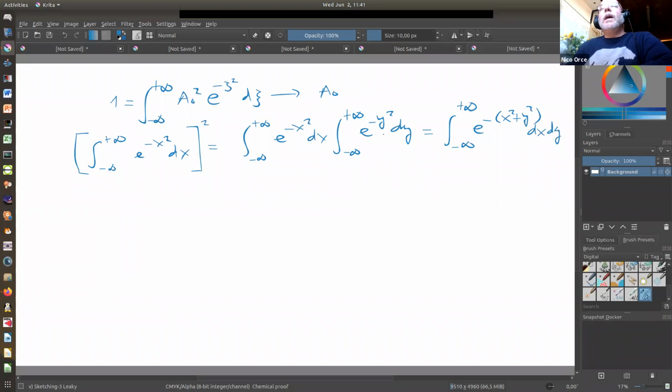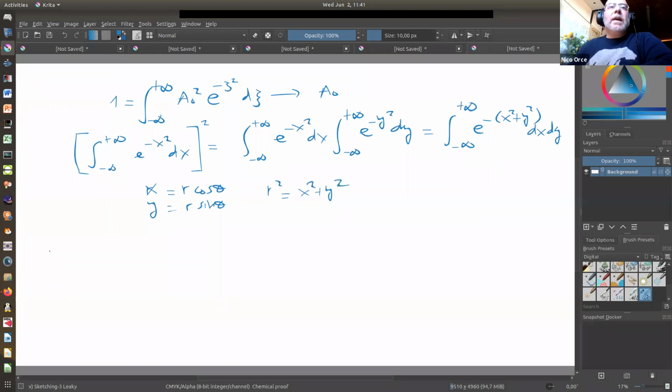Now we apply polar coordinates: x is equal to r cosine of theta, and y is equal to r sine of theta, so r squared is equal to x squared plus y squared.